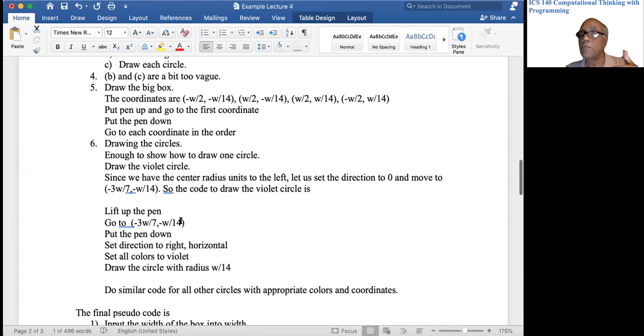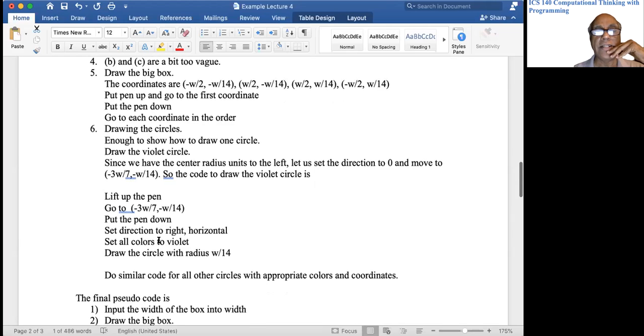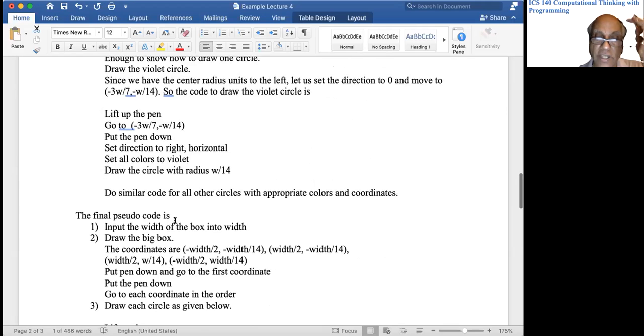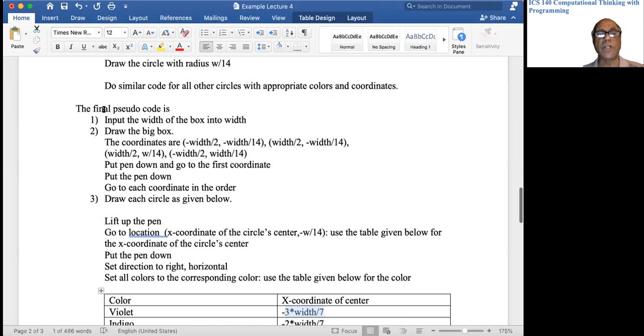That would be at the bottom line of the box, so that the center would be at Y equal to 0. Because remember, the center is to the left. And then I will draw a circle with radius W divided by 14, and I will set its color to violet. So I should know how to set the color. I will show you how to do that. And you have read it, I suppose, in the textbook.